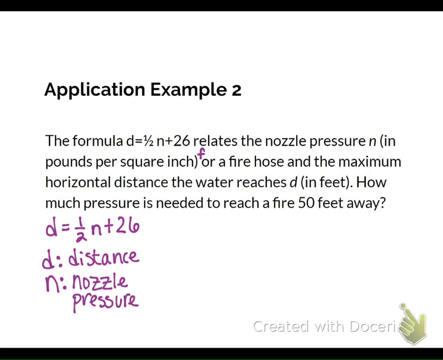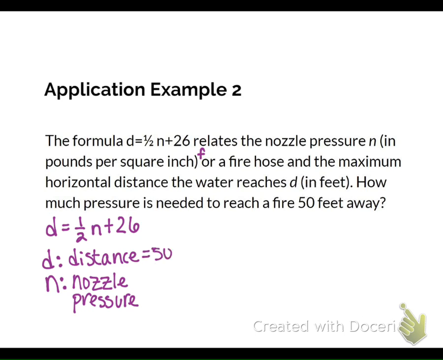Okay, let's keep reading. How much pressure is needed to reach a fire 50 feet away? All right, which one of the variables did they give us? Did they give us the distance or did they give us the nozzle pressure? Hopefully we all know that 50 feet away is going to be our distance.